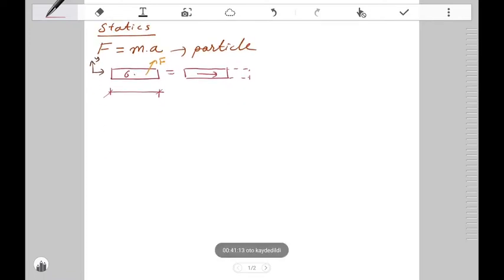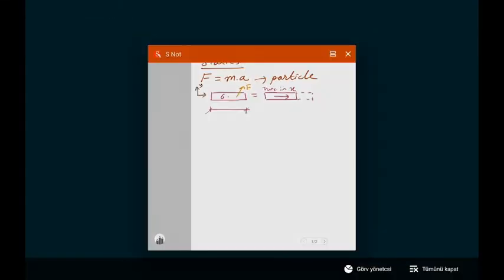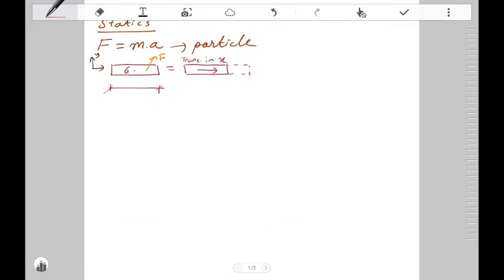It moves this way. Translation in x direction. Plus, of course, translation in y. This is the final destination of the beam, the same beam.